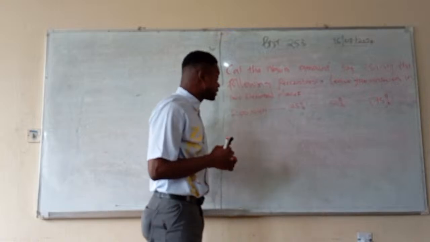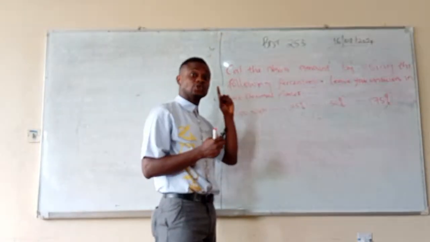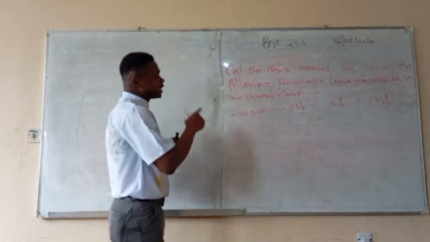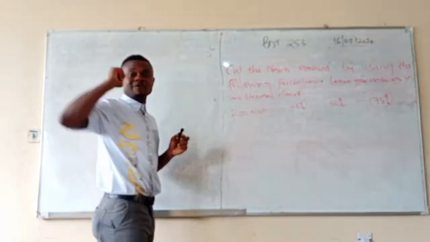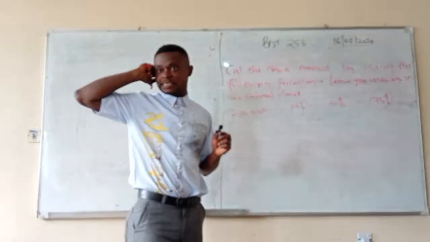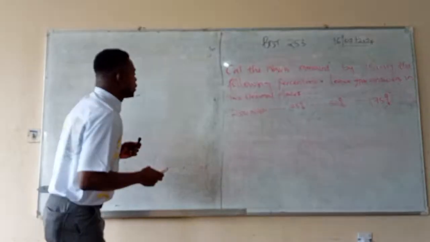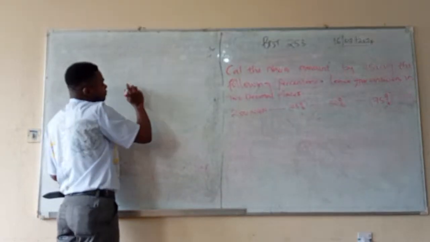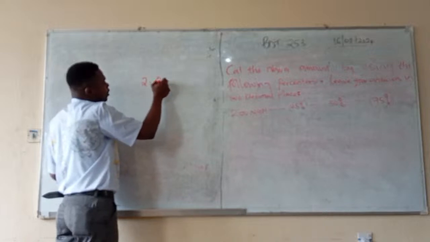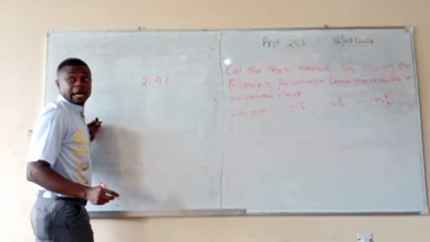So please, the answer must be in two decimal places. Whenever you are asked to put a number in a particular decimal place, let's assume we have 2.47, for example. Are we together?